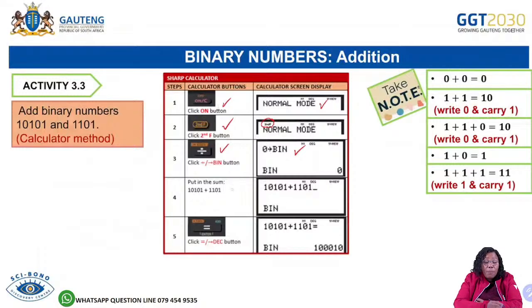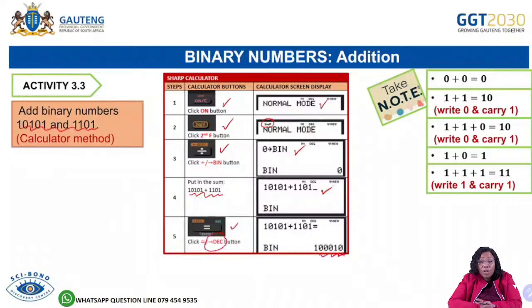And then you can bring in your binary sum by putting in your numbers: 10101 plus 1101. Then your calculator will show the sum on the screen, and then you press your equal sign. The aim is to use that decimal button there, and then this will give us the value 100. Can you see that? It is giving exactly the same answer.